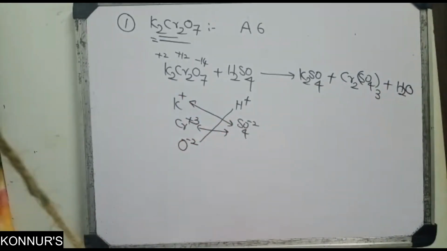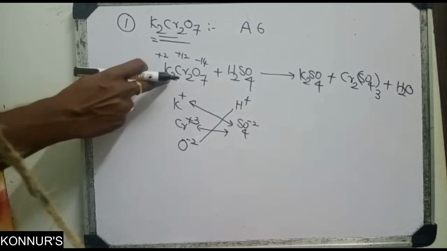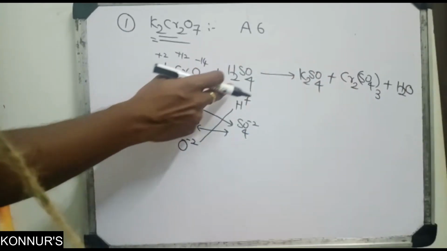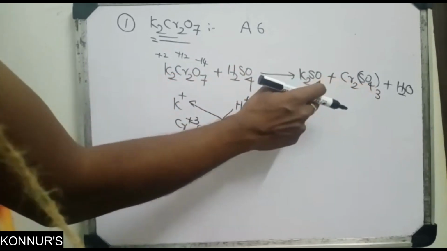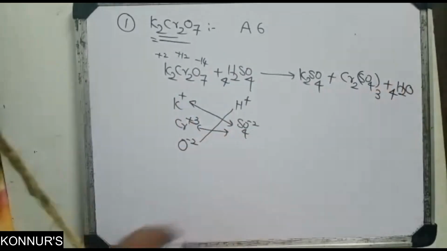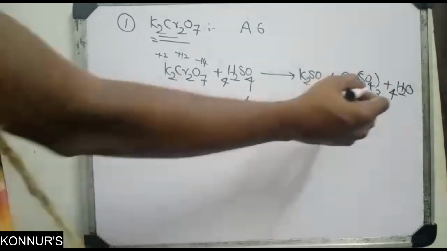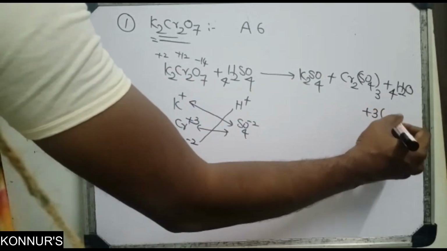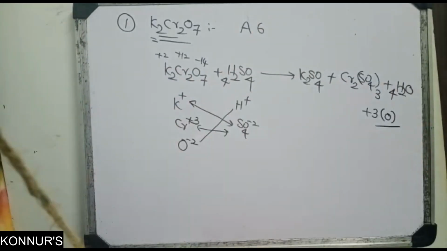These are the main products. Now you can balance: 2 potassiums, 2 potassiums, 2 chromiums, 2 chromiums. Next SO4, 3 plus 1, 4 is there. So 4 H2SO4. 4 oxygens are over, the remaining is 3. So this is the basic equation of K2Cr2O7.